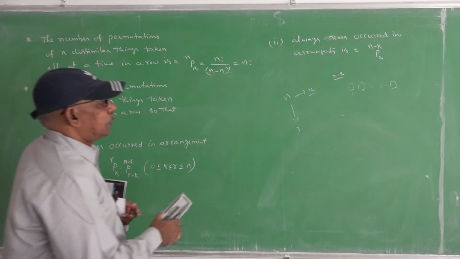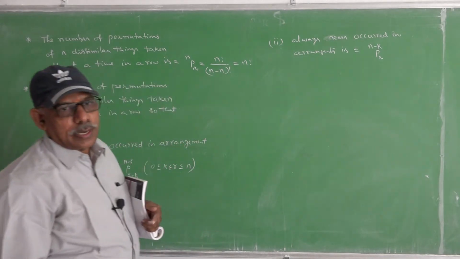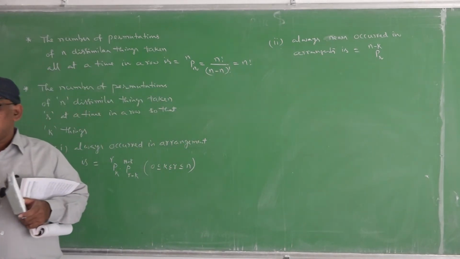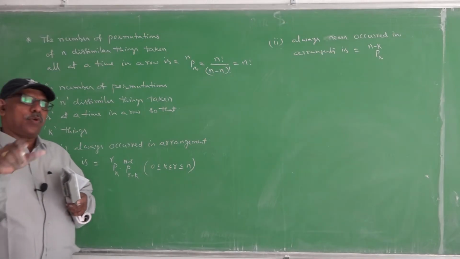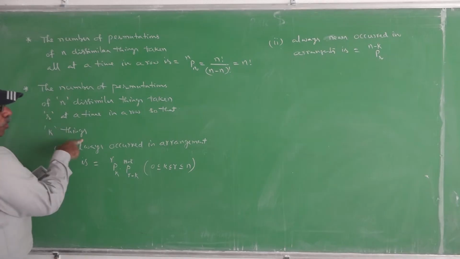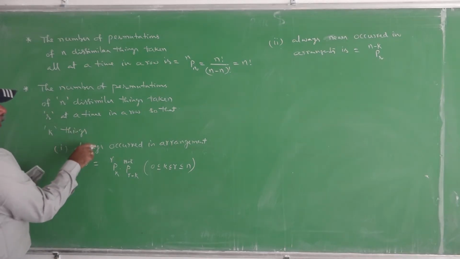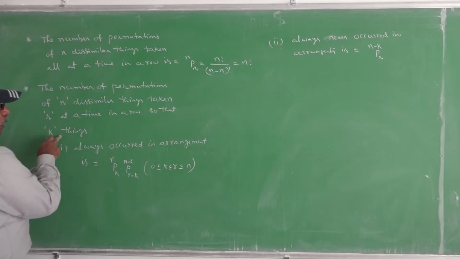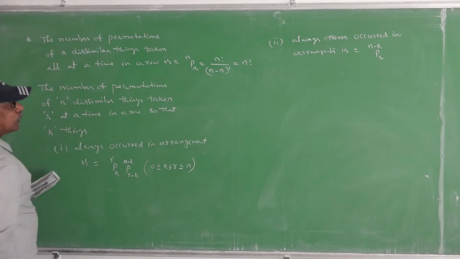Okay. Out of total n different things, only r are to be arranged, but there is a restriction over the permutation. These are all called restricted permutations, in which the permutation always includes k particular things, or does not include those k particular things.